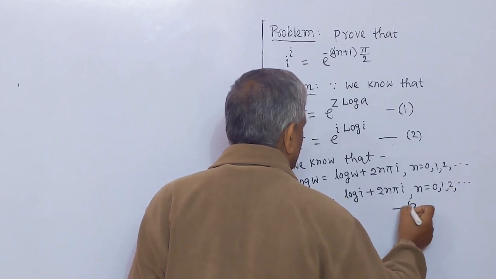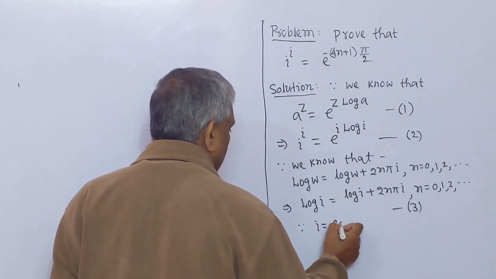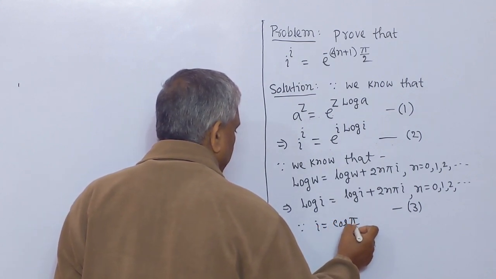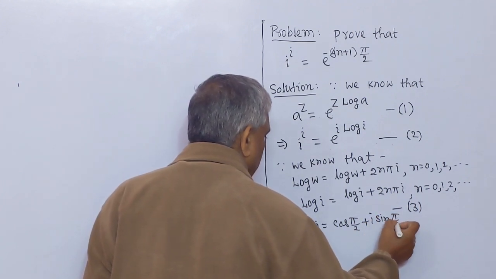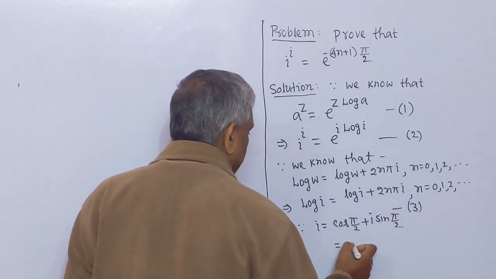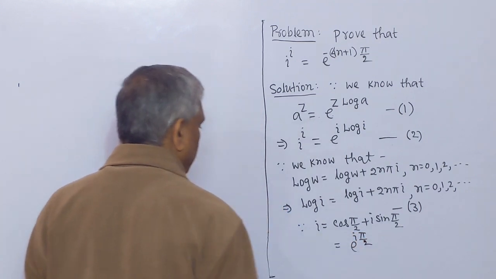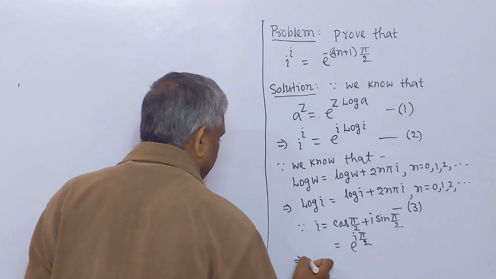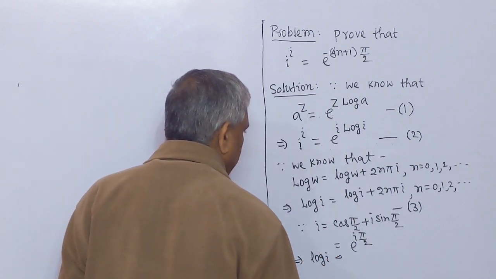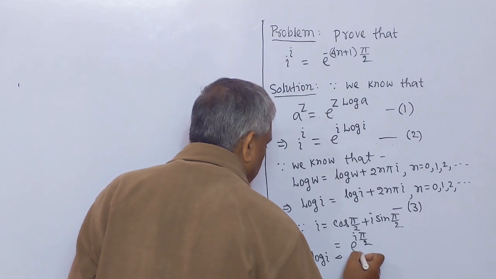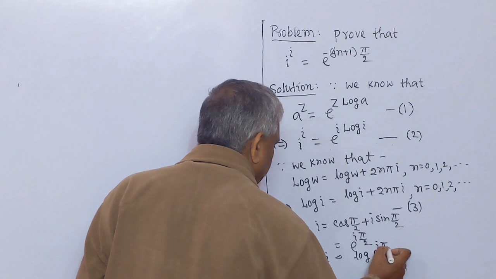This is number 3. Since i = cos(pi/2) + i sin(pi/2), and this is equal to e^(i pi/2), it implies that small log i = log e^(i pi/2).